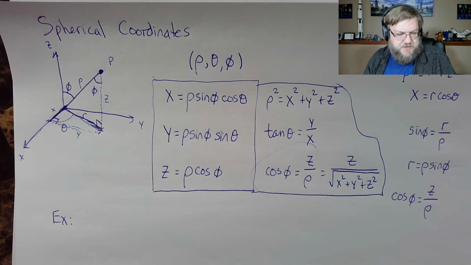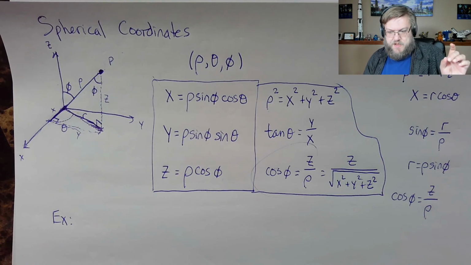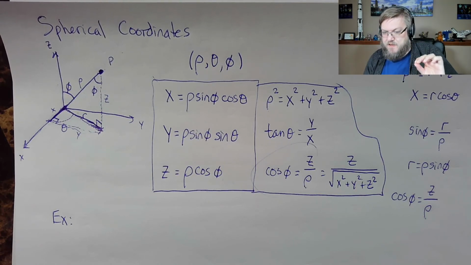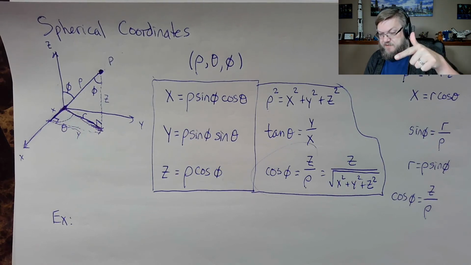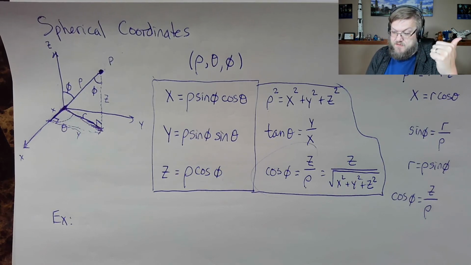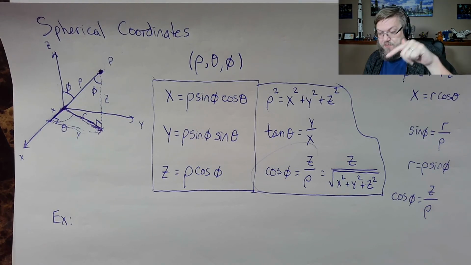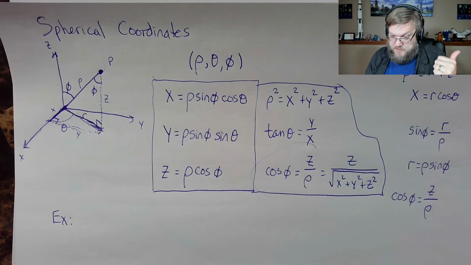By the way, I'm only interested in relating back to rectangular. So I'm not going to give you any problem that says convert spherical to cylindrical. All of our problems are going to go through rectangular. Does that make sense? So be able to do spherical to rectangular, rectangular to spherical, cylindrical to rectangular, and rectangular to cylindrical.